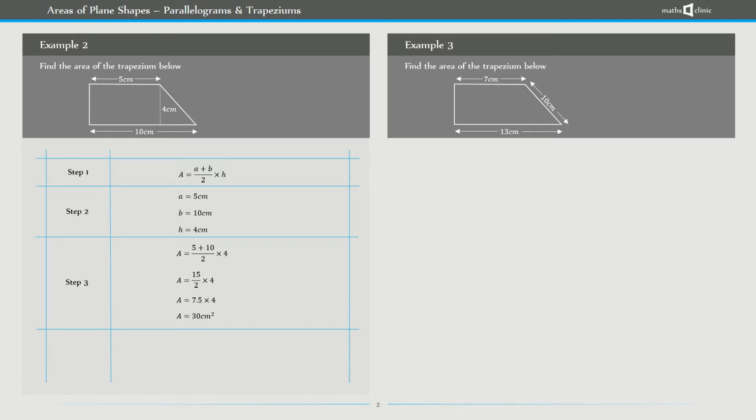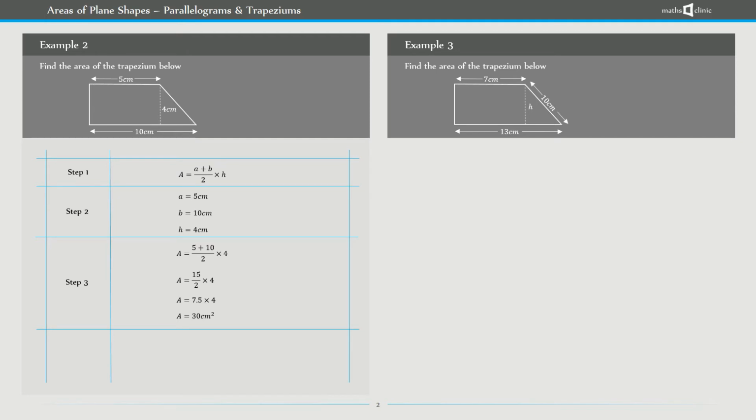Now to solve this, something very important we need to do is get the perpendicular vertical height, because you can't work with the slant height. The formula says A plus B divided by 2 times H, i.e. you can't work with the slant height, so you actually need to get this perpendicular height in.